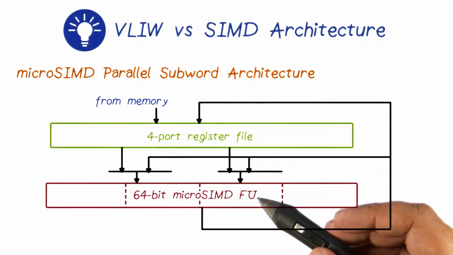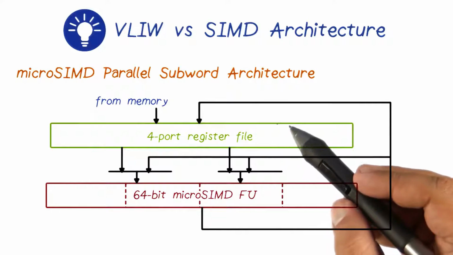What is the advantage of this? The advantage of this is, for many multimedia types of processing, a lot of data can be compacted and fit into a long word such as 64-bit. However, each of those data items can still be 16 bits, and we can operate on 4 such data items at the same time, fitting them into this large register and fitting them into one large word.